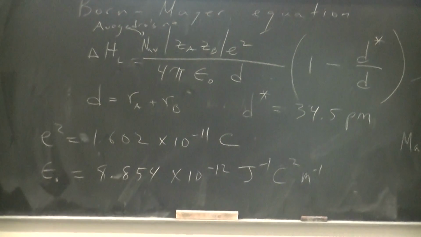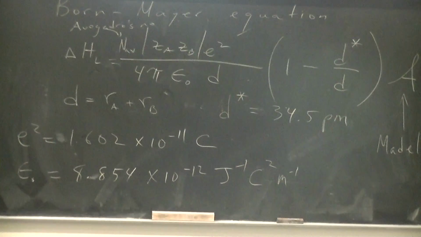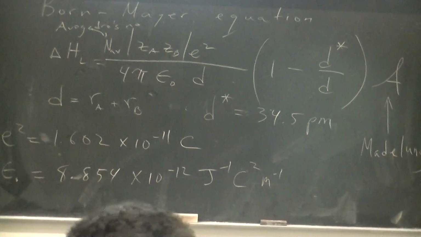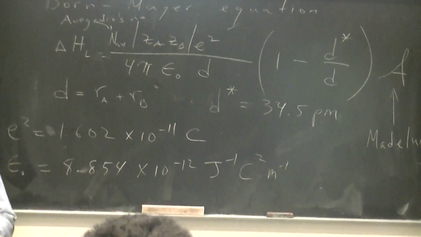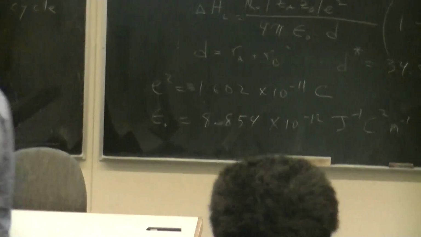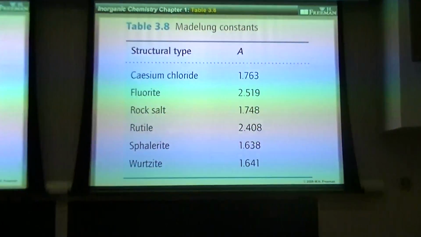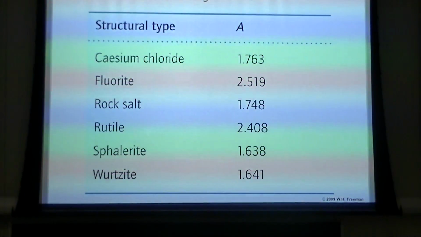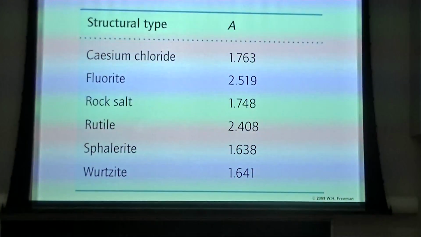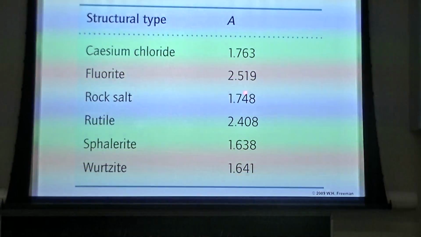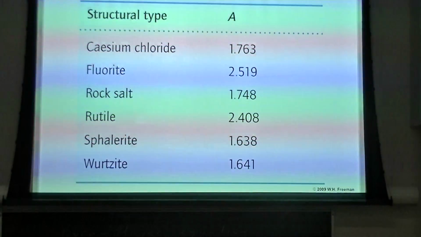If you have a solid cesium chloride structure, the Madelung constant is going to be different than for the sphalerite structure. And let me find that, there it is. These are the Madelung constants. So depending on the structure of your solid, that is the Madelung constant that you are going to use.